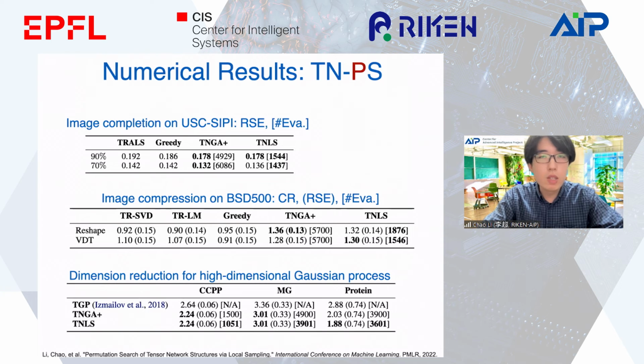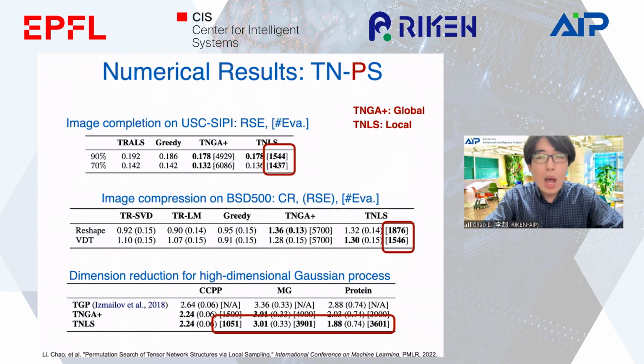And here we also evaluate the computational efficiency between the global and the local sampling trick. The values in the squares are the number of required evaluations by the algorithm to achieve this performance. It determines the computational complexity of the algorithm.